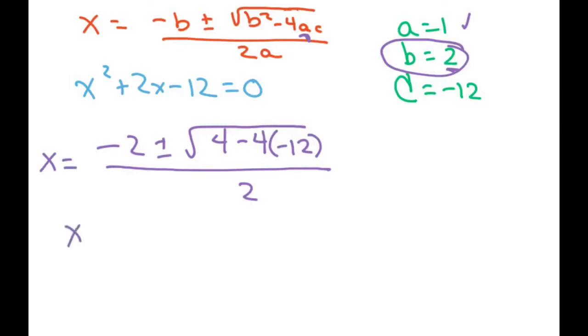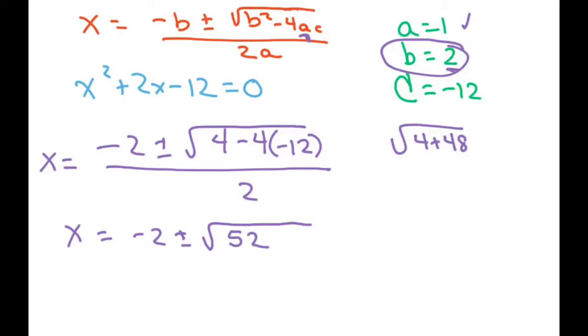So we get x equals negative 2 plus or minus the square root of 4 plus 48, which is 52, all over 2. All right? And I think we can reduce 52 by 4.